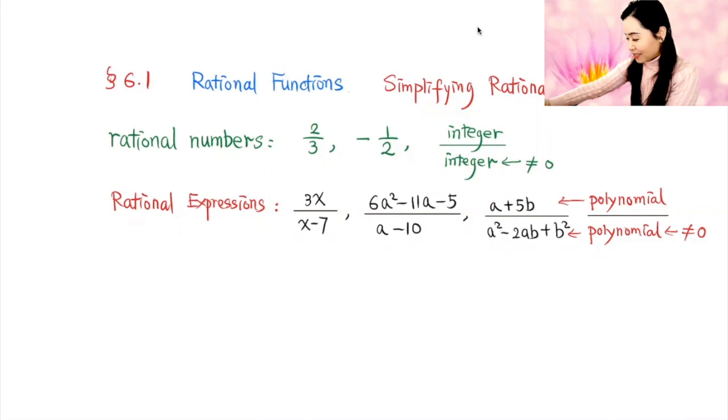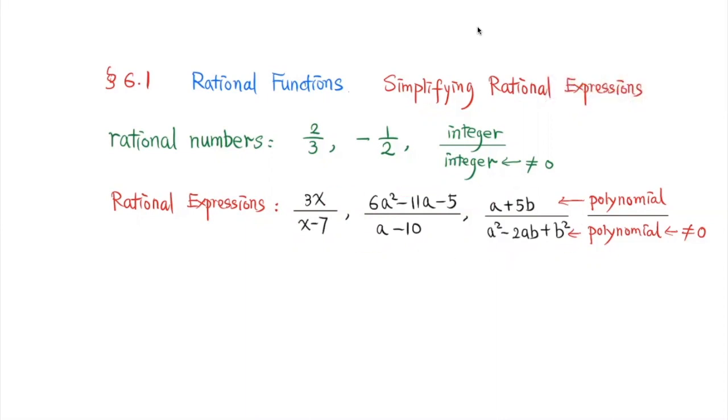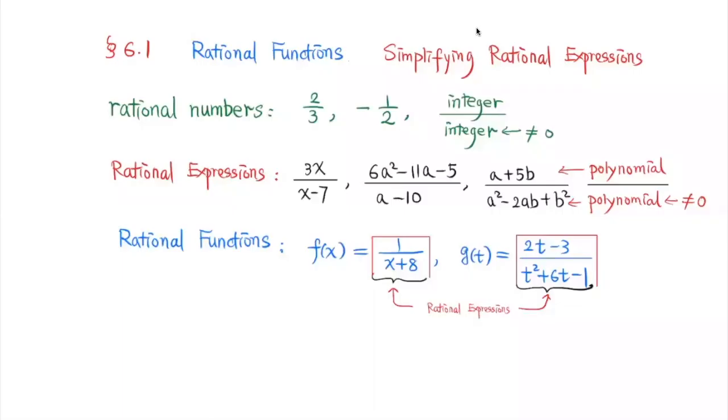Rational expressions. Here are some examples of rational expressions. Rational expressions are polynomial divided by polynomial, providing that the denominator does not equal 0. Rational functions. Here are two examples of rational functions.